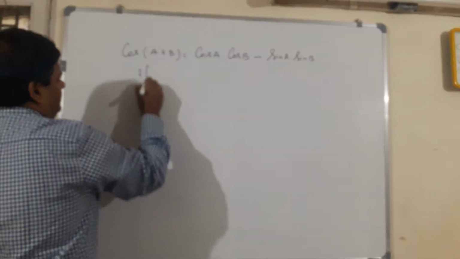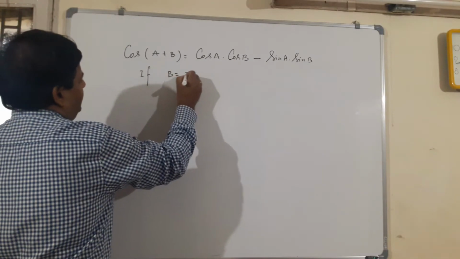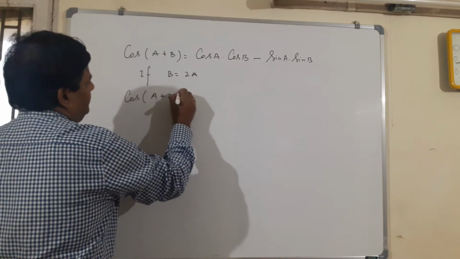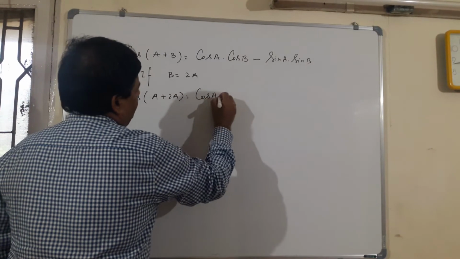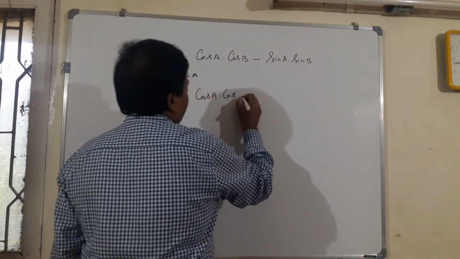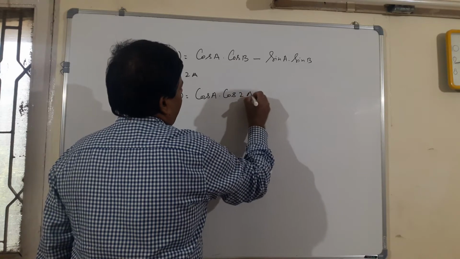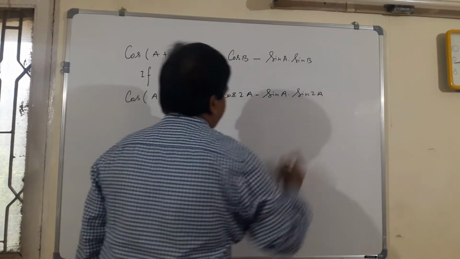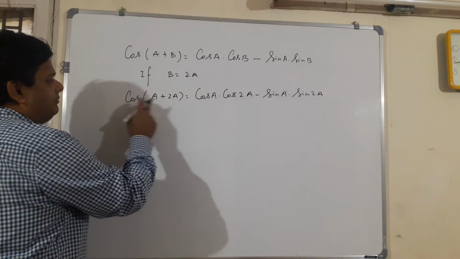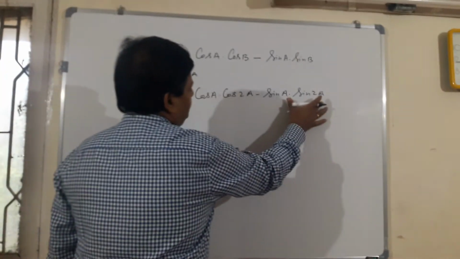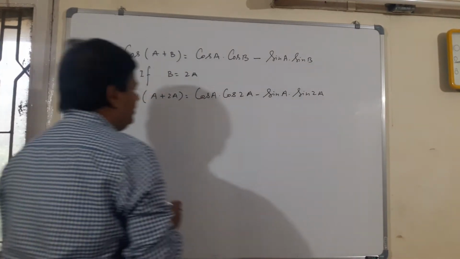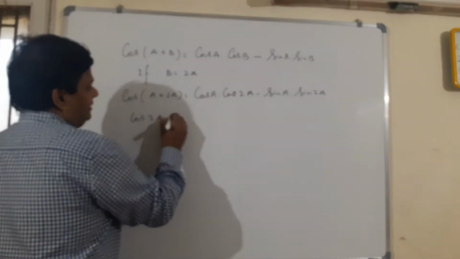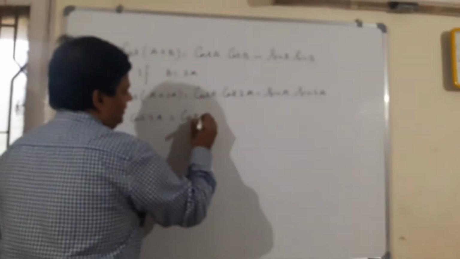If b is equal to 2a, then we get cos(a plus 2a), so cos a into cos 2a minus sin a into sin 2a. Our purpose is to convert all of this into cos form.